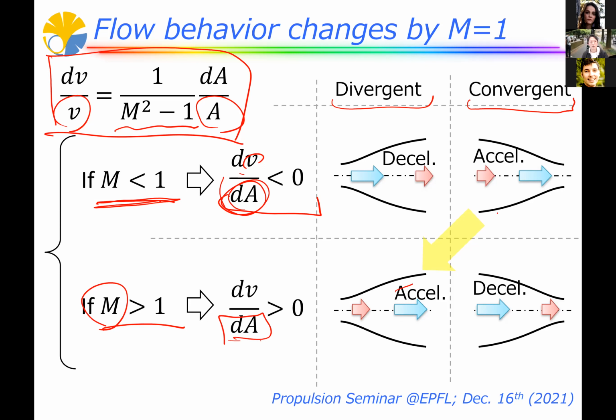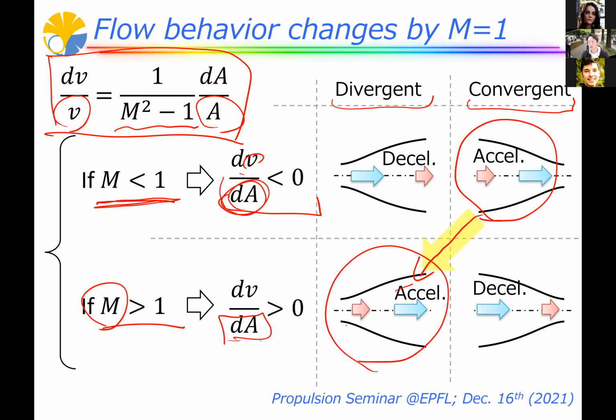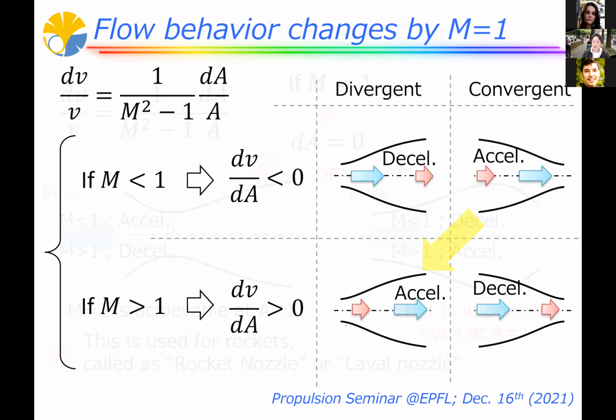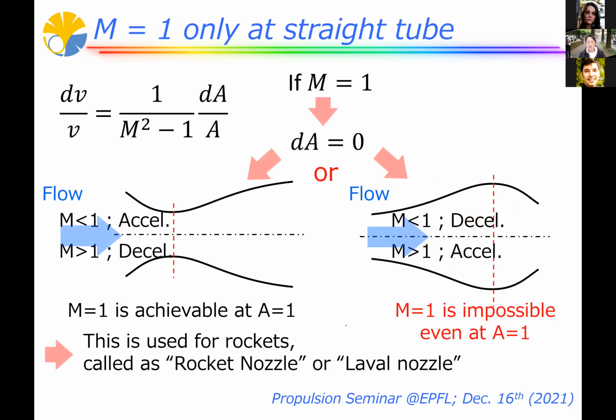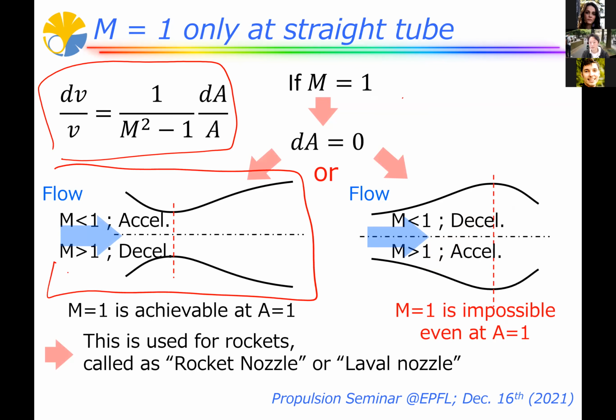So to accelerate flow from the static state to the very, very high speed, exceeding the sonic speed, we need to start from here, and we have to go to this region. And also from this equation, another important point is M equal to 1 can be achieved only in this case, left-hand side case.